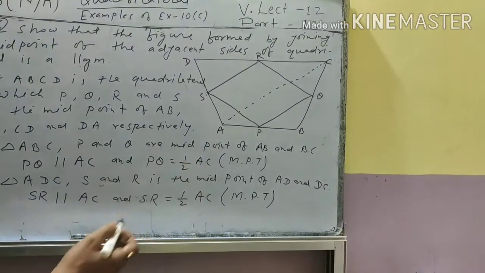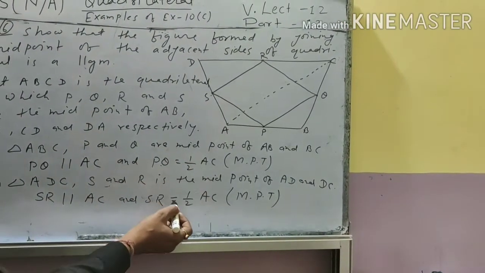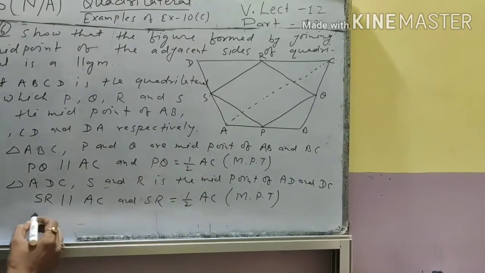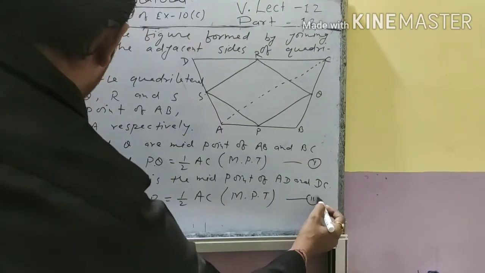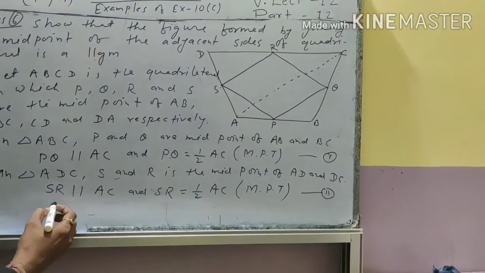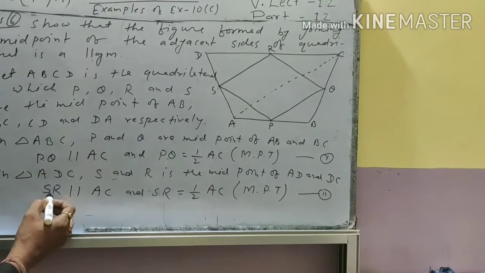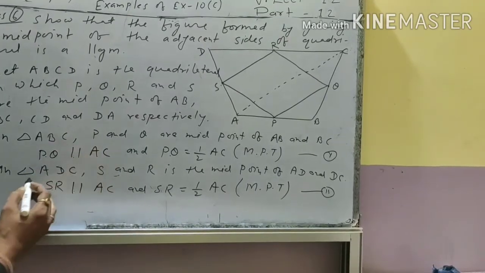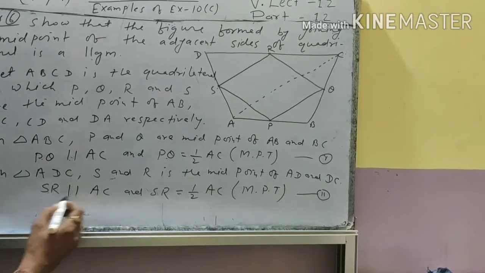In this concept, student, PQ is equal to half AC and SR is equal to half AC. Suppose this is equation 1 and this is equation 2. First case: PQ is parallel to AC and SR is parallel to AC.